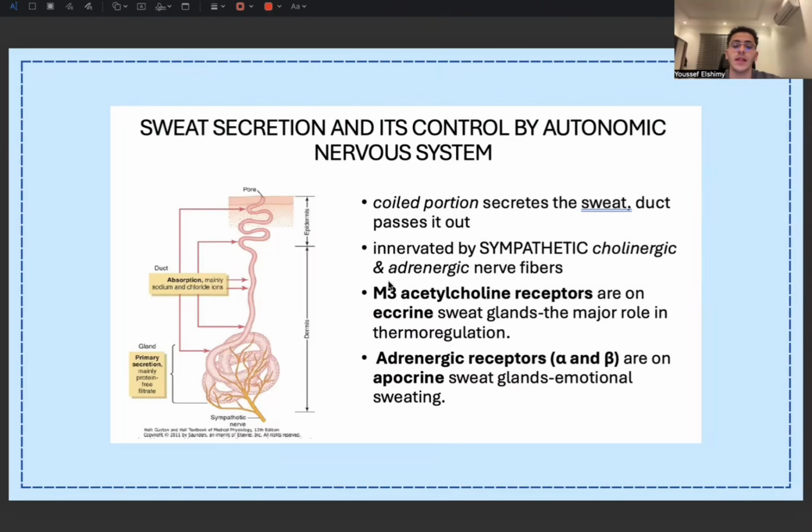So the glands responsible for thermoregulation are the eccrine glands, innervated by the sympathetic cholinergic nerve fibers, and they have the M3 acetylcholine receptors. It's really important because we have other sweat glands like the apocrine sweat glands. They are involved in emotional sweating as well as in physical exercise, and they are innervated by the adrenergic nerve fibers. So they have the adrenergic receptors alpha and beta.